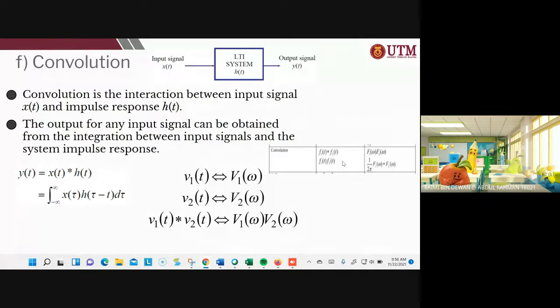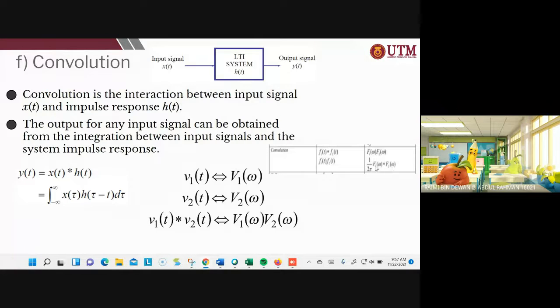You see here, F1 convolve F2(t), then you obtain F1(omega) times F2(omega) in the frequency domain. And F1(t) times F2(t), we're going to have 1 over 2 pi times a convolution.